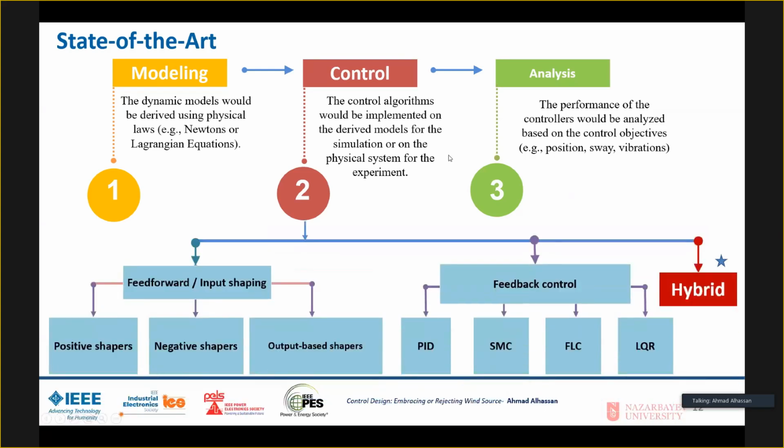This control, which is the main research, can be divided into two parts. We have the open loop control or feed forward control, and also the feedback control. Sometimes we use a hybrid control. With this hybrid, it means we take the advantages of the open loop and the closed loop controllers.